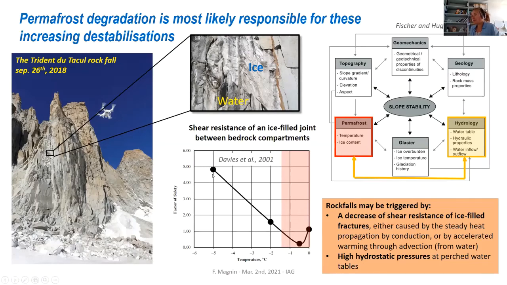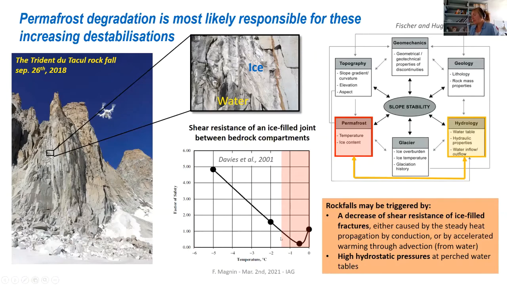The oldest one is based on laboratory experiments that have shown that ice-filled fractures lose resistance when they warm towards 0 degrees Celsius. So this is here the factor of safety of a rock-ice sandwich that is warmed in a laboratory.